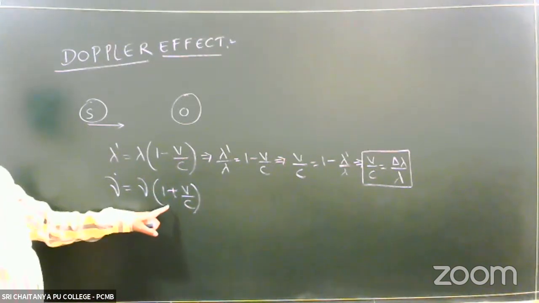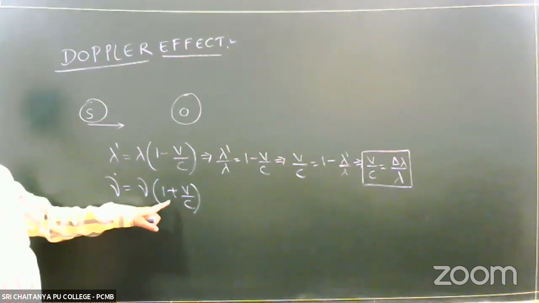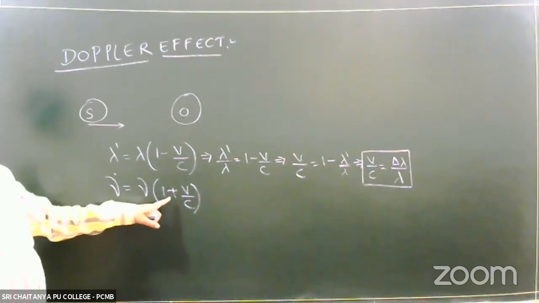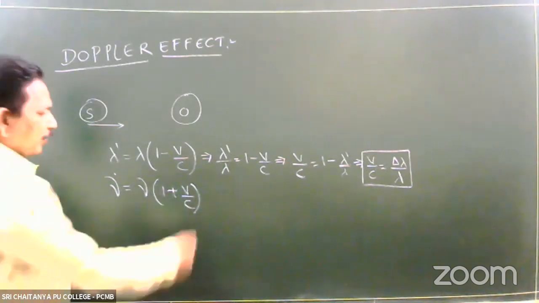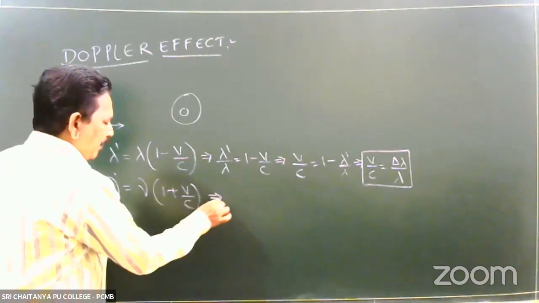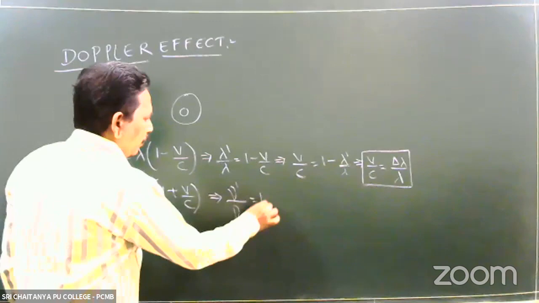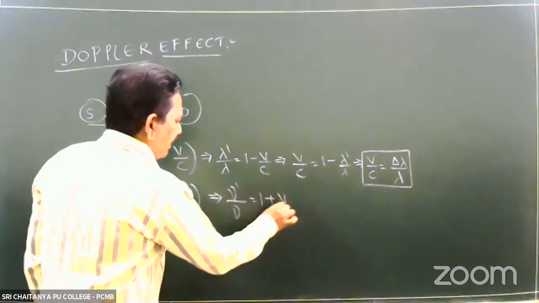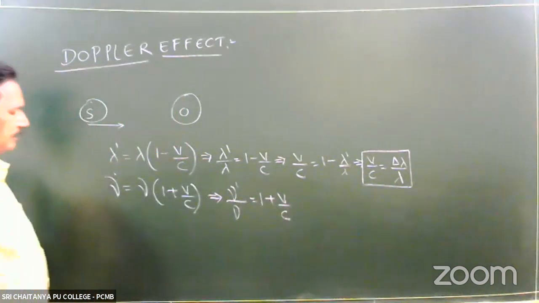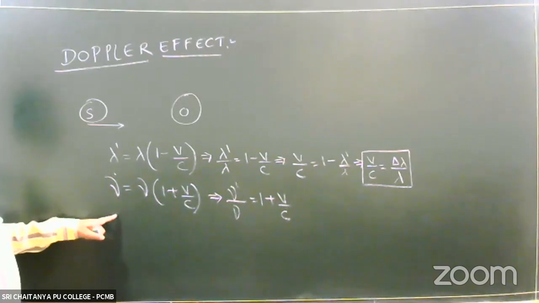In the same way, calculate the fractional change in frequency. How to do this? Cross multiplication: nu dash by nu is equal to 1 plus V by C. Frequency goes to the denominator.